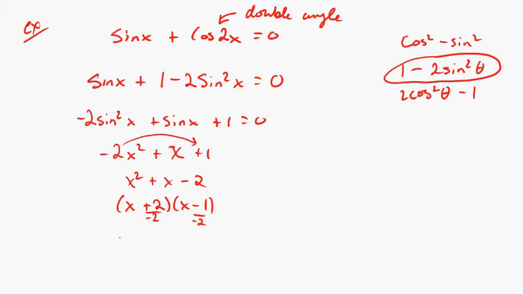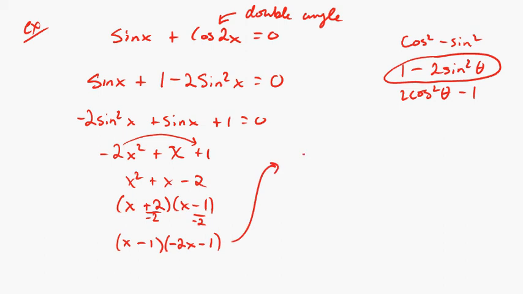So my answer will be x minus 1, and this does not come out, so I could write this negative 2x minus 1. Alright, so let me bring this over here.